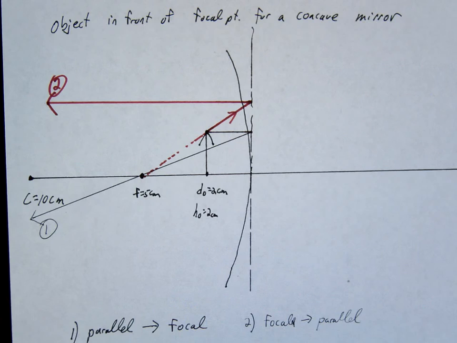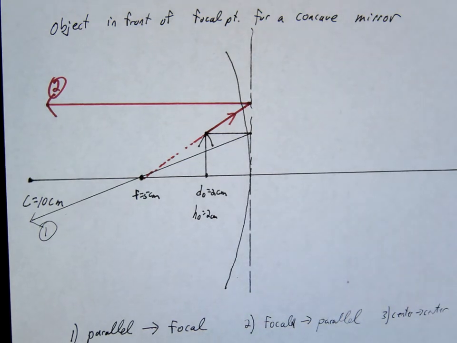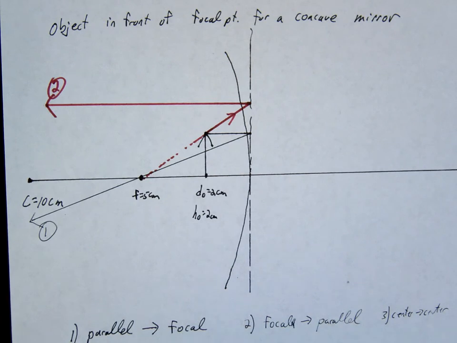Okay, beam number 3. If we were to summarize beam number 3, what would it be? Through the center, yeah. So beam number 3 is center. I'll just write center to center, meaning it doesn't change at all. It just goes through the center and back through the center.